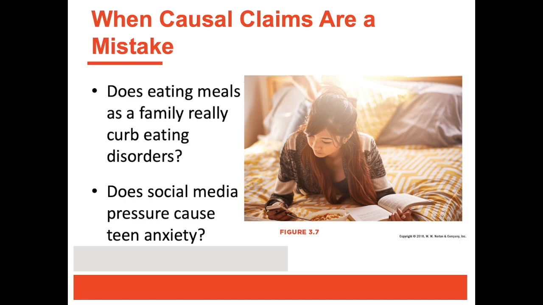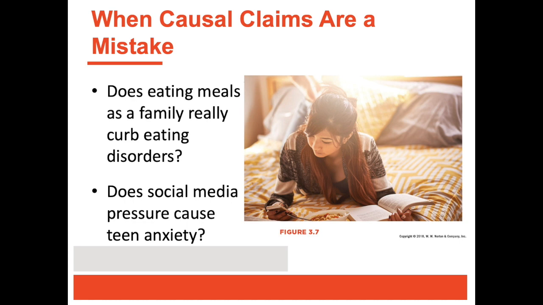So that one we check. Temporal precedence: did the family meals increase before the eating disorders decreased? That one's less clear in the studies that we looked at. Internal validity, no. We can't rule out a third variable without an experiment.